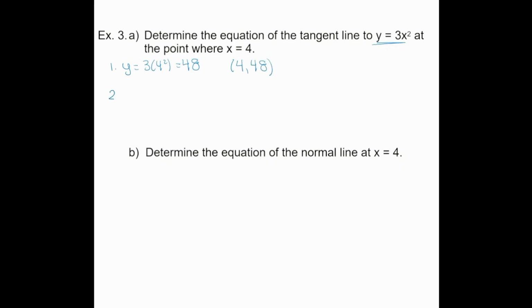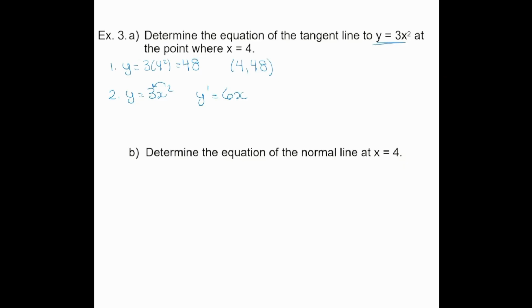The second thing that we need to do is find the derivative of y equals 3x squared. So if y equals 3x squared, we're going to use the power rule to find this derivative. So we're going to bring the power down and multiply it. So the derivative, or y prime, is going to be equal to 3 times 2, which is 6, x, and now 2 minus 1 is just to the power of 1.